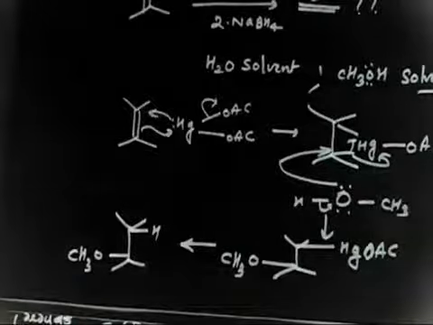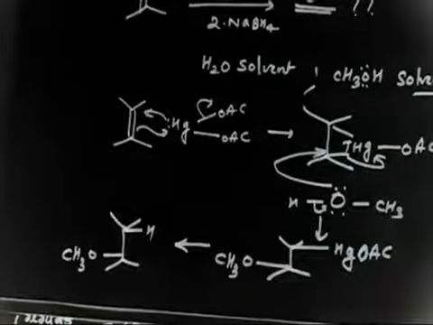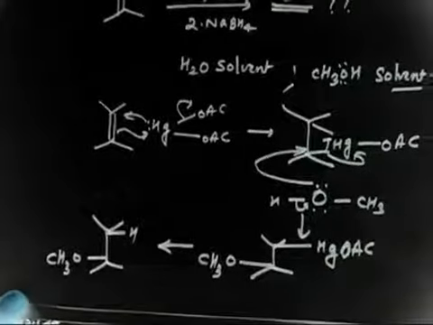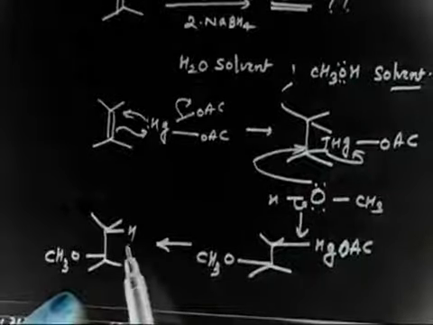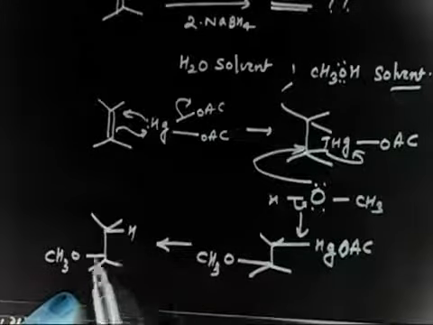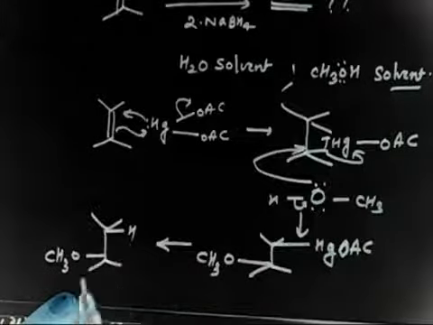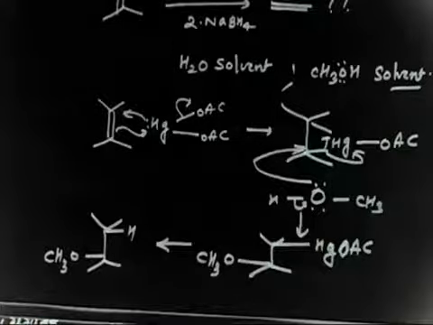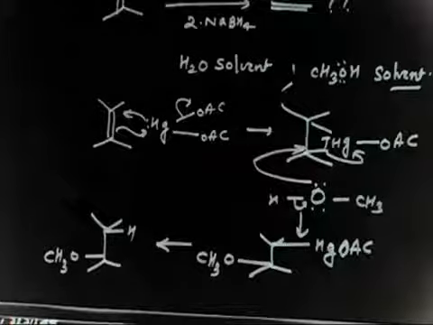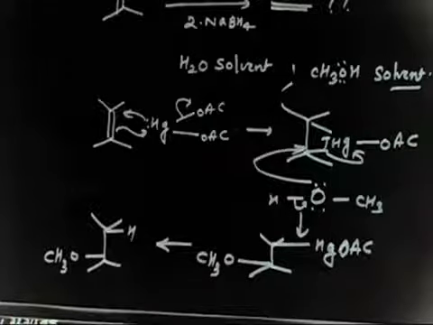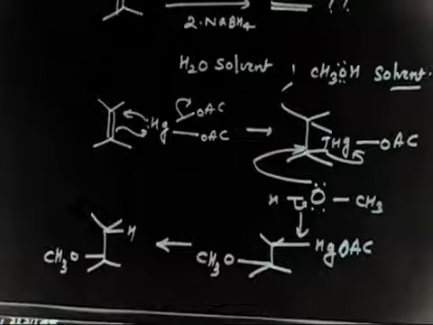In this case, this is not a hydration. Hydration means you add H and OH, but you are adding alcohol. So you can say this is alcoholation. You are adding an alcohol group. Because the solvent, whatever the solvent you have, that can attack.